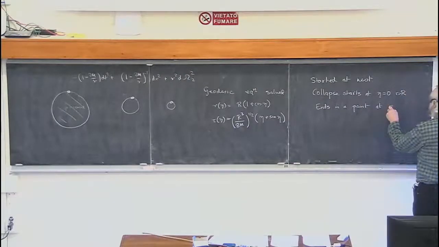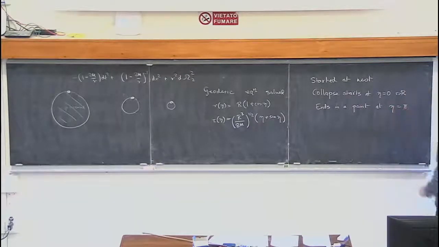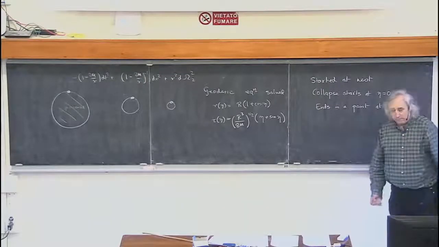I beg your pardon, eta equals pi, not pi by 2. So that's fine. That tells us what happens outside the collapsing body.